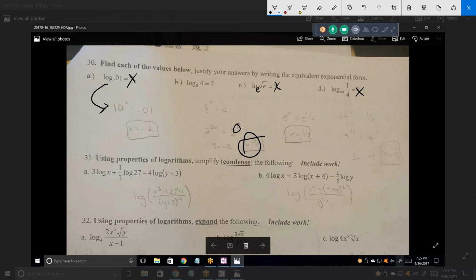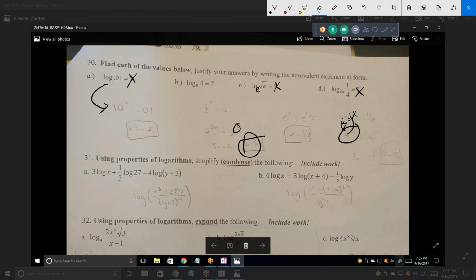You might do this slightly different in terms of the work. I would say that's 4 to the 3rd. That's the number 64, and I'm taking it to the x power, and then that turns into 4 to the 3x when you apply the rules of exponents.